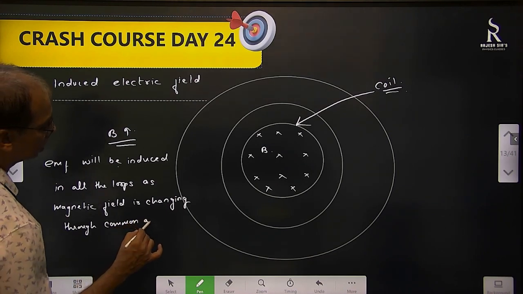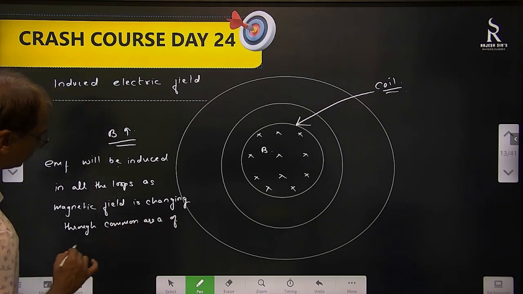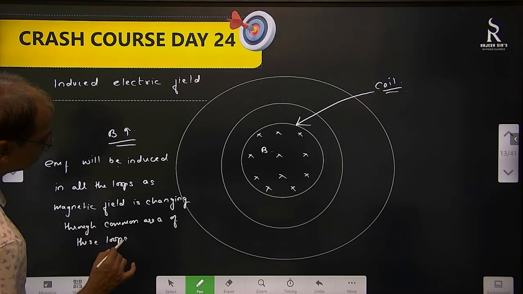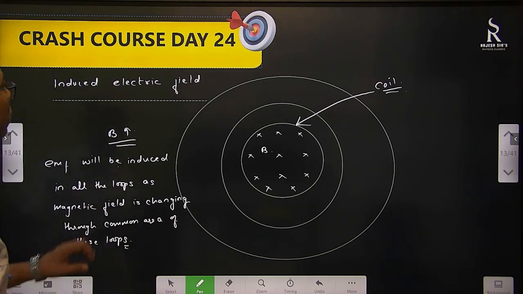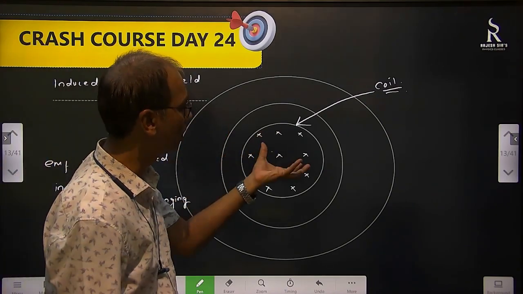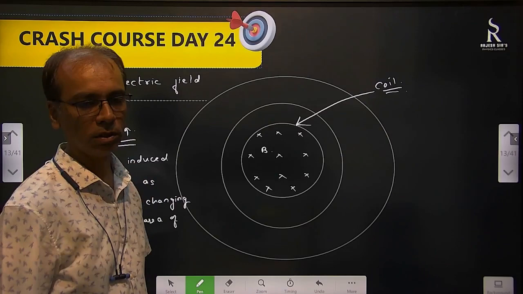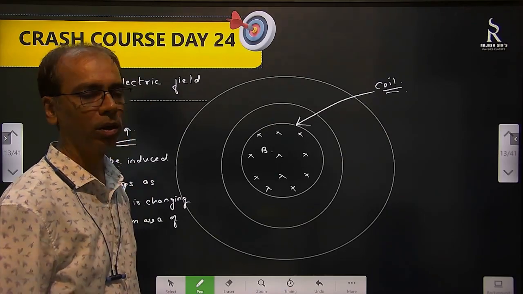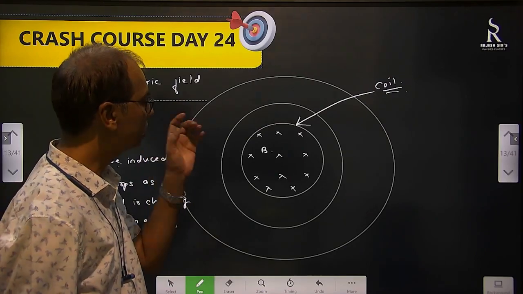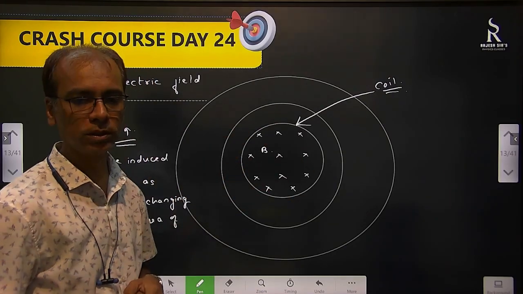Fine. Now we have to talk about the induced electric field, and we are saying that inside this one EMF is induced. What will be the direction of EMF, positive or negative, we'll see. But at the moment we are saying there is definitely EMF induced in this one.